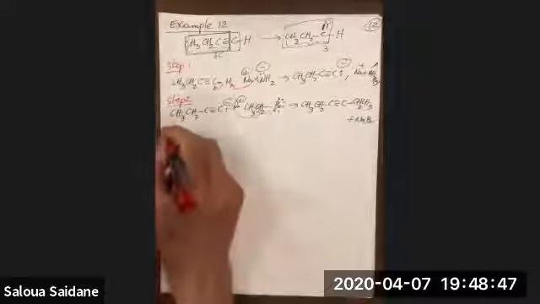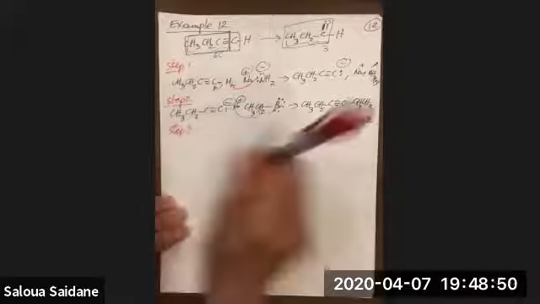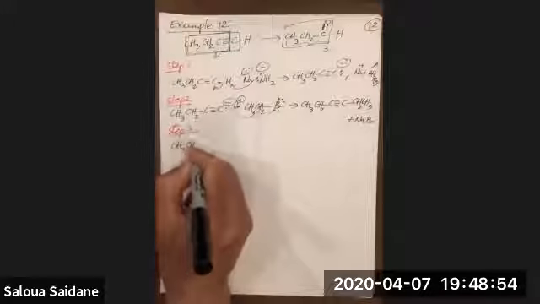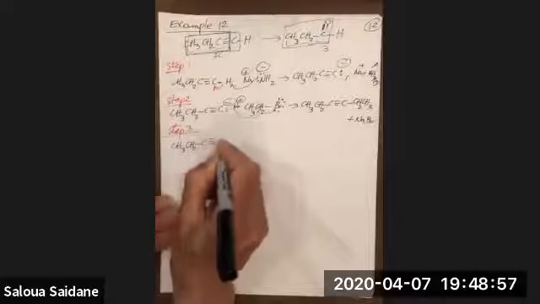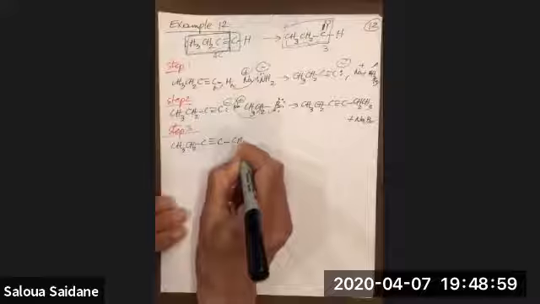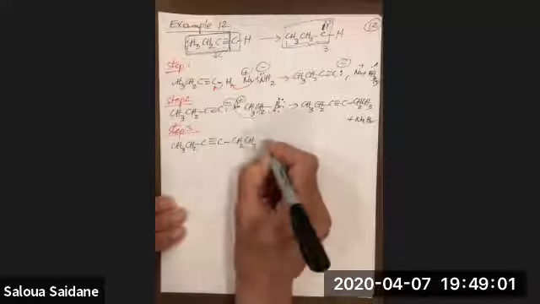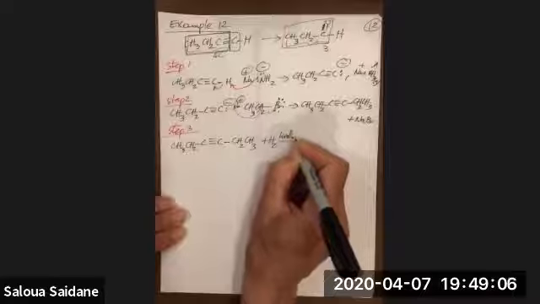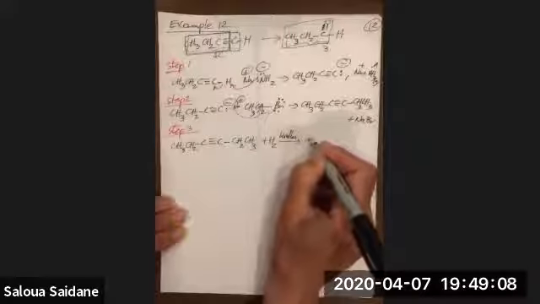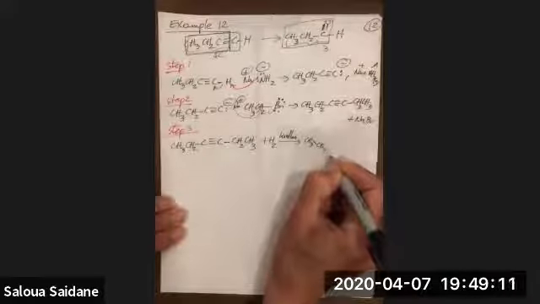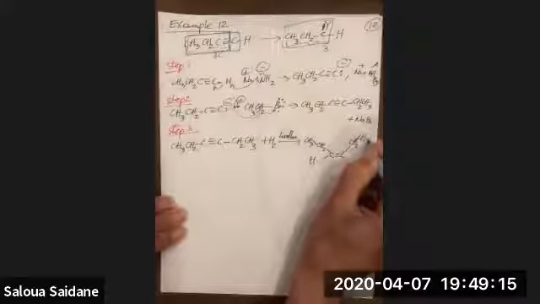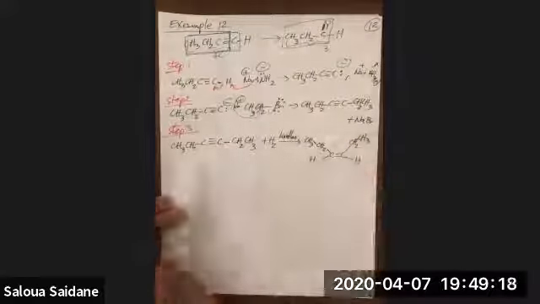So step 3, we're going to add hydrogen to this to make it an alkene. And of course, we need Lindlar catalyst because we don't want to go all the way to the alkane. But add hydrogen with Lindlar. It's going to give me CH3, CH2, CH, C, CH2, CH3.